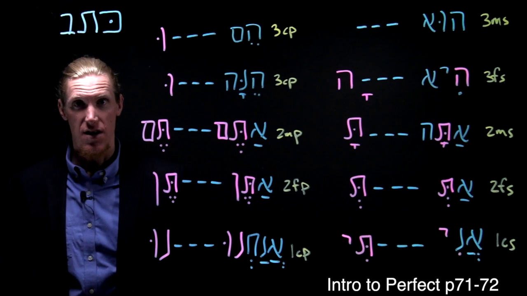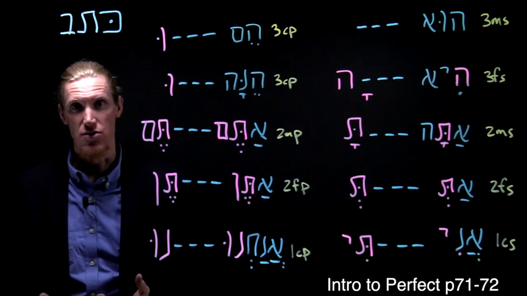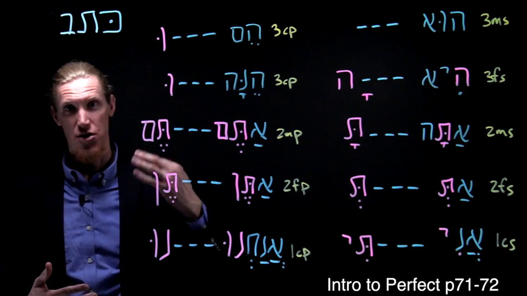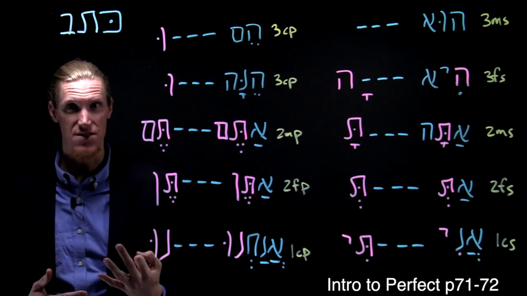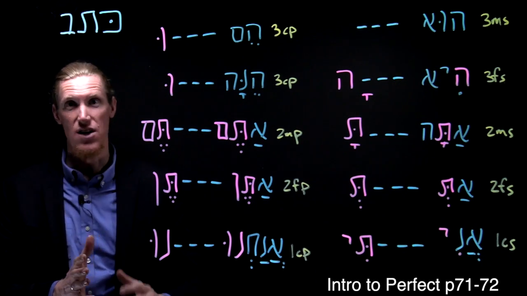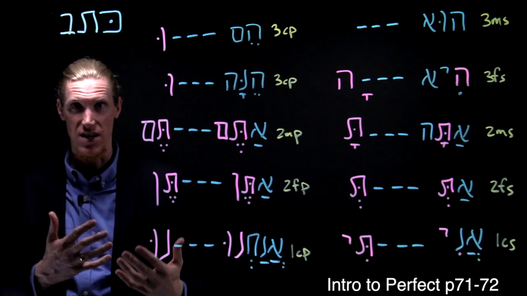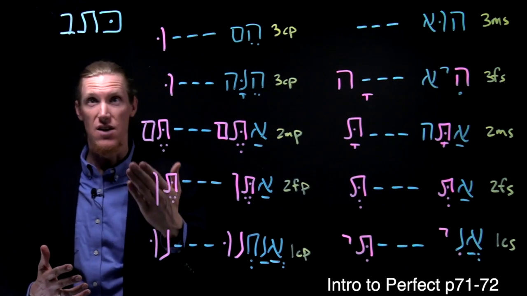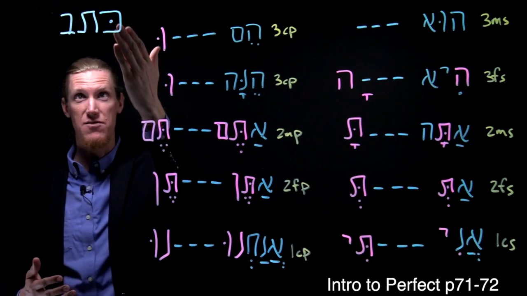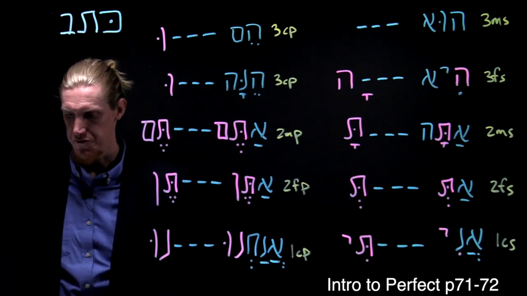Hebrew verbs, as we've said before, are formed by taking three letters, three consonants, which form the root, and then on top of that, you add vowels and then various kinds of endings. So if we take this example root, kaf, tav, beit, that's our three-letter root.